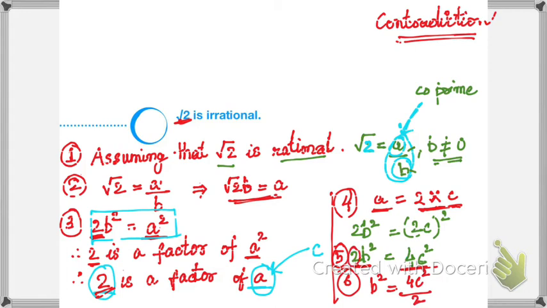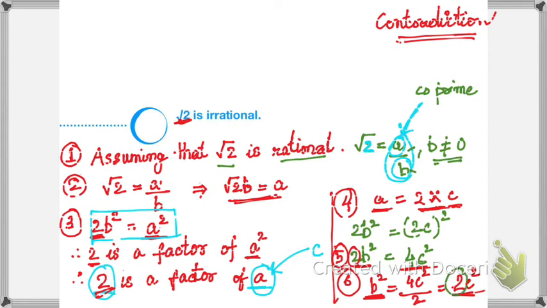Taking this 2 down, this will give you 2c square. This is step number 6. So we got that b square is equals to 2c square.